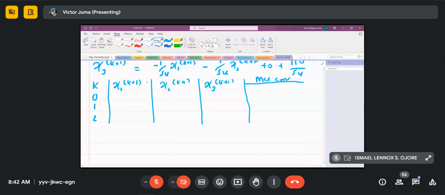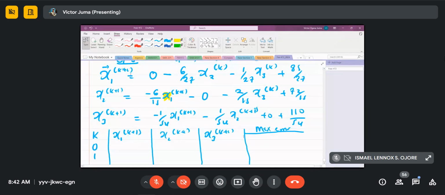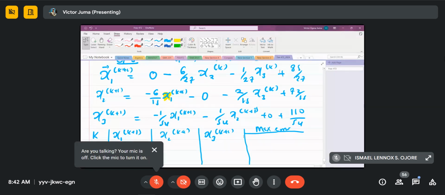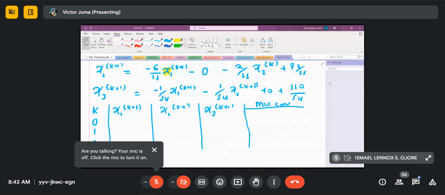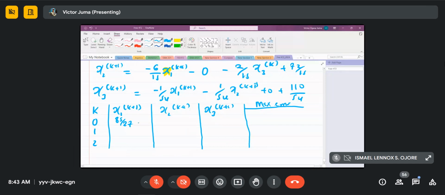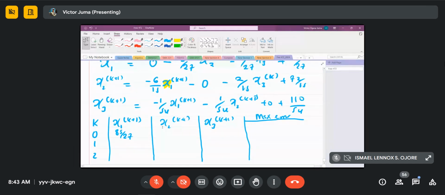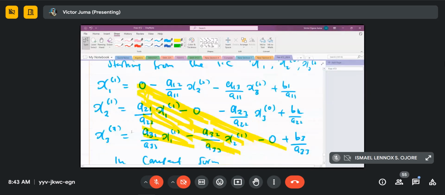So we start. If k is equal to 0, what is x1? Remember, we're still using the previous values. That gives us 85 over 27, just the same as we got in the Gauss-Seidel. I think these tables can be written in different ways, which is still okay.